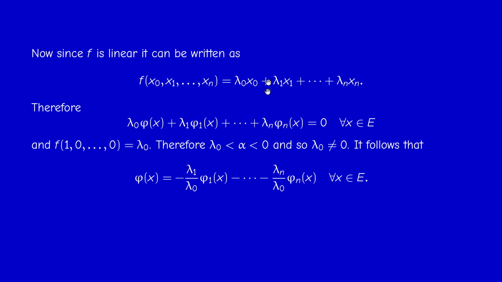So therefore, in particular, lambda 0 does not vanish, it is strictly negative. So I can divide by lambda 0, and I can solve this equation in terms of phi x. So phi x is just minus lambda 1 over lambda 0, phi 1 of x, plus etc., minus lambda n over lambda 0, phi n of x. So this means that phi is a linear combination of phi 1 through phi n.